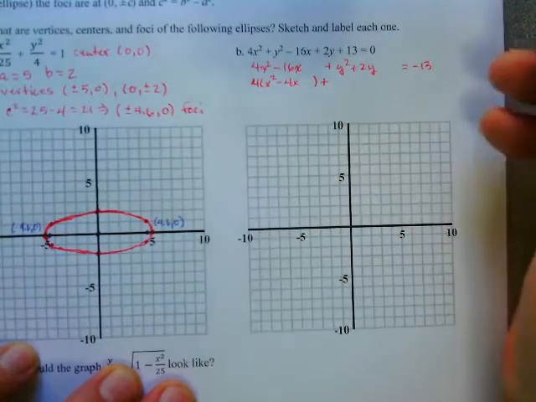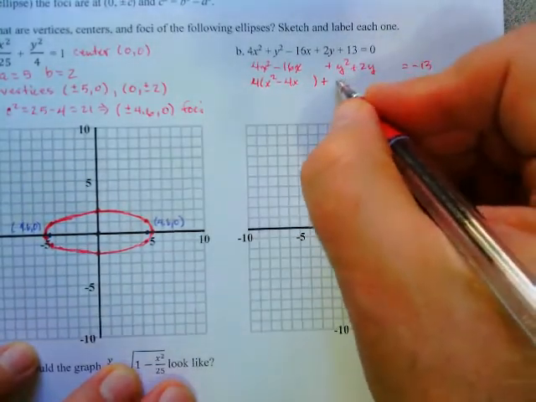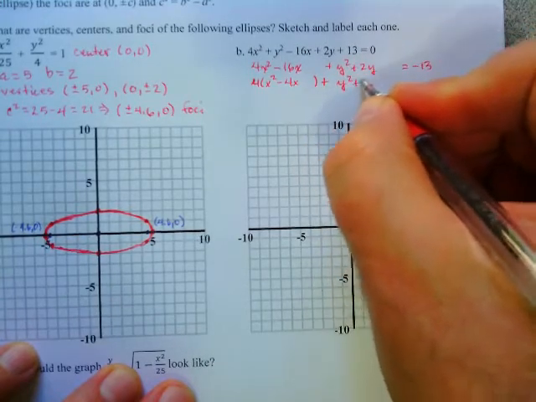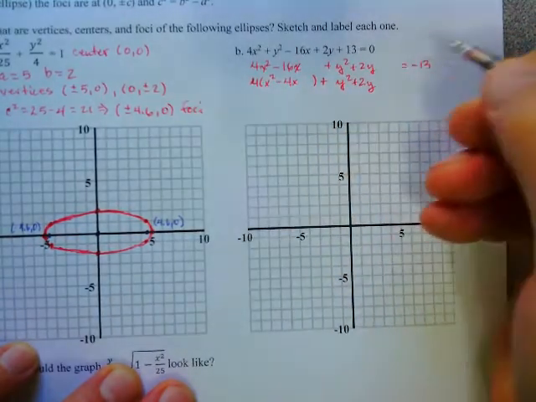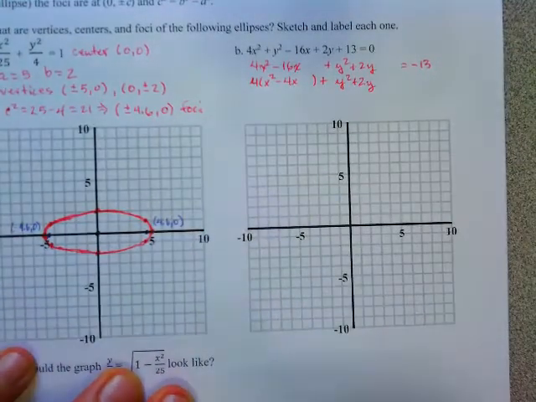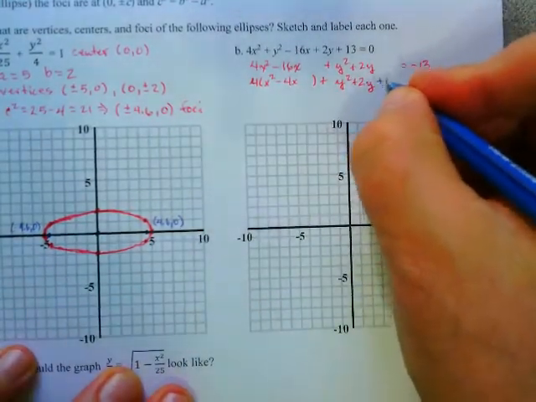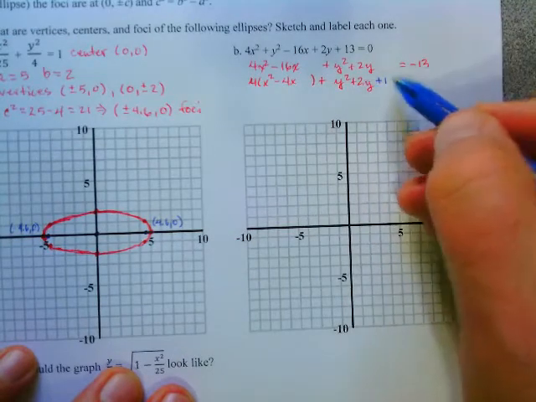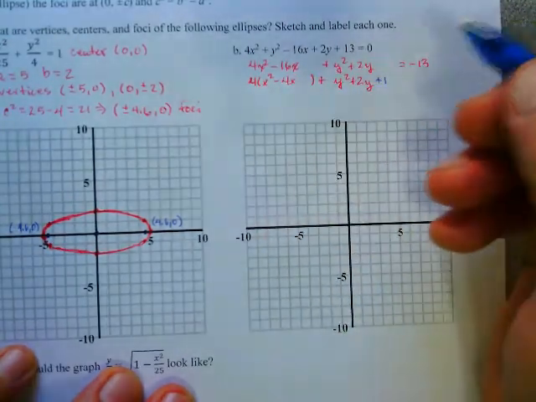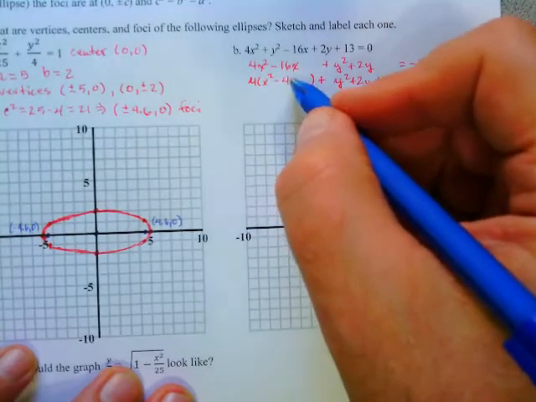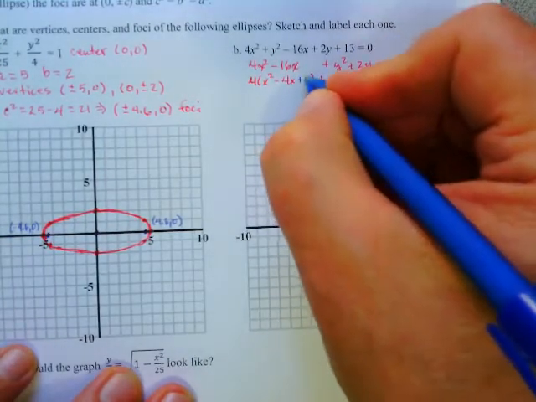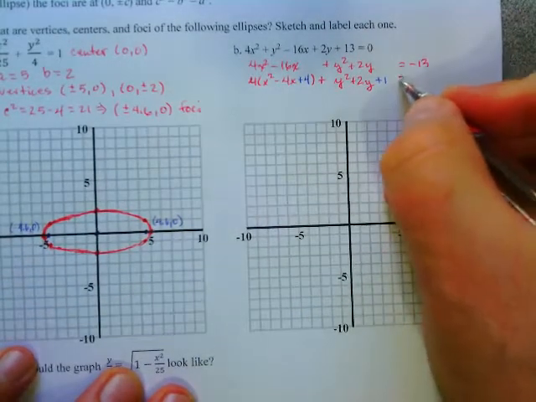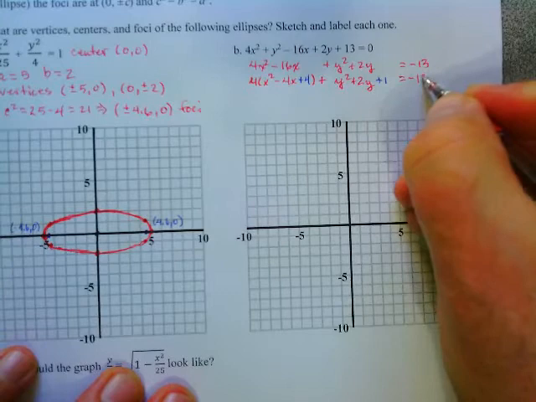This one, however, I don't have to worry about, because it's just a y squared term, so y squared plus 2y, and then this one will have a plus 1, because half of 2 is 1, 1 squared is 1. Here, half of the 4 will be 2, 2 squared will be 4, so I'll have a plus 4 here. And then, of course, I have to add it to both sides.